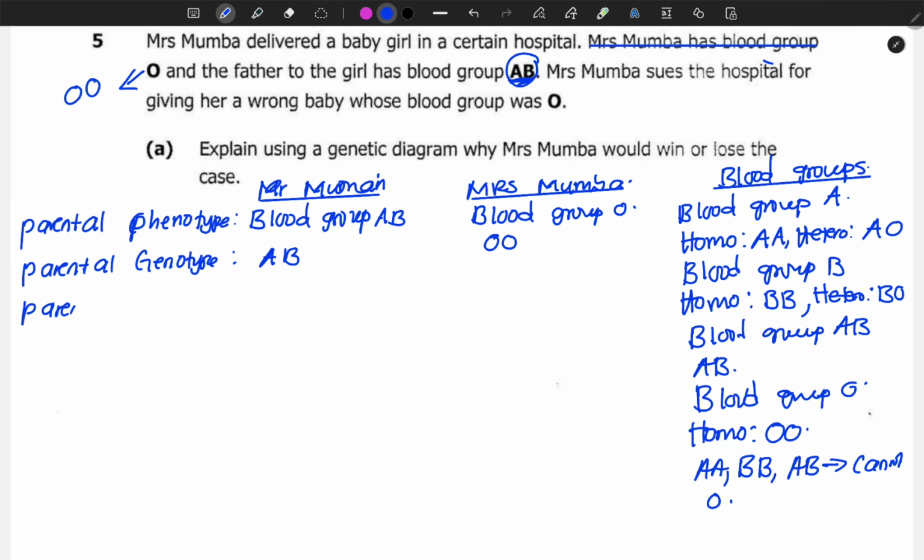Parental gametes. So we split the letters now.